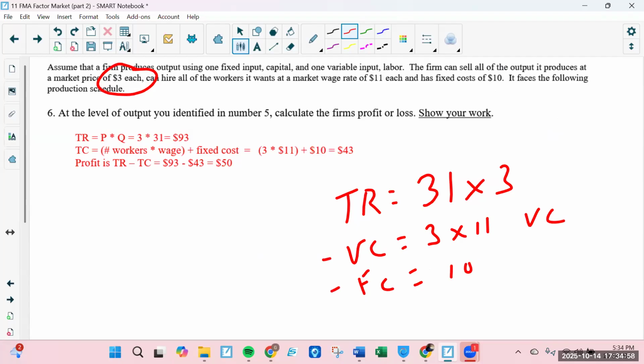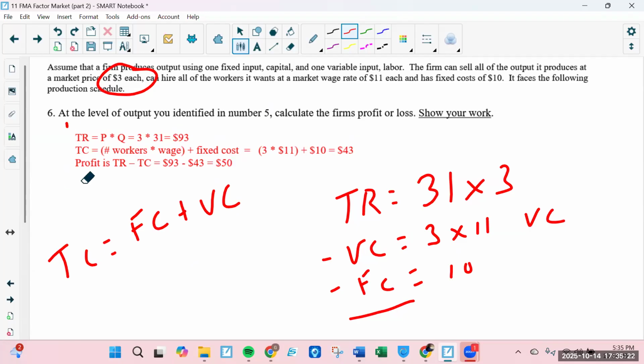So profit is total revenue minus total cost, because remember, total cost is fixed cost plus variable cost, way back in the earlier units. So here's the math: total revenue is 93, minus 43, which is the 33 plus the 10. So the profit is $50. So the answer is 50.